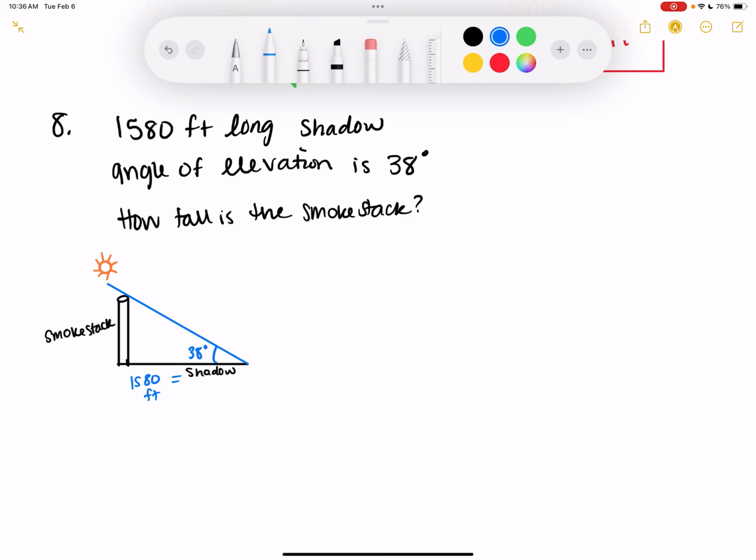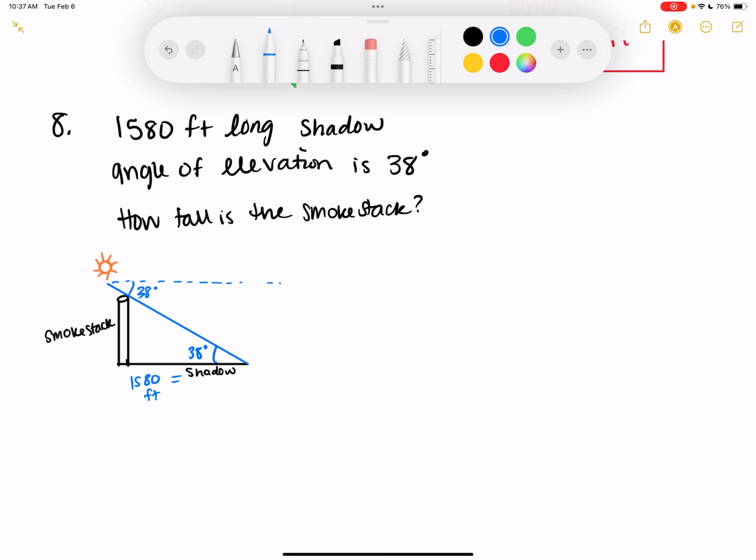Now, they also tell me that this angle here is 38 degrees. Do you know why? One of those rules that we learned some time ago that I don't remember the name of, but I recognize why it works. Well, alternate interior angles. They're equivalent, okay, so that's why.